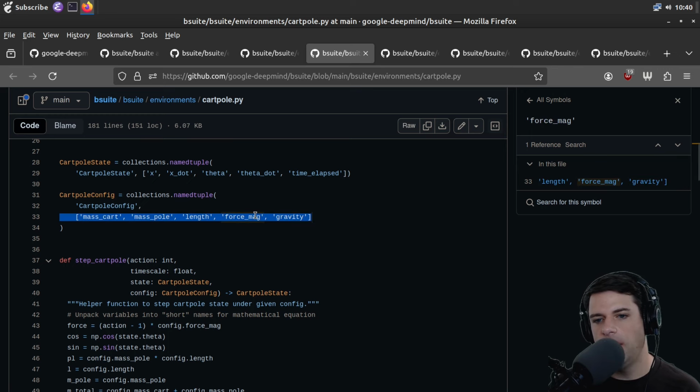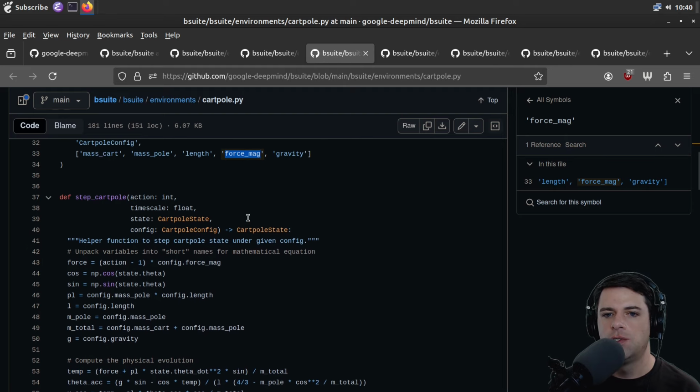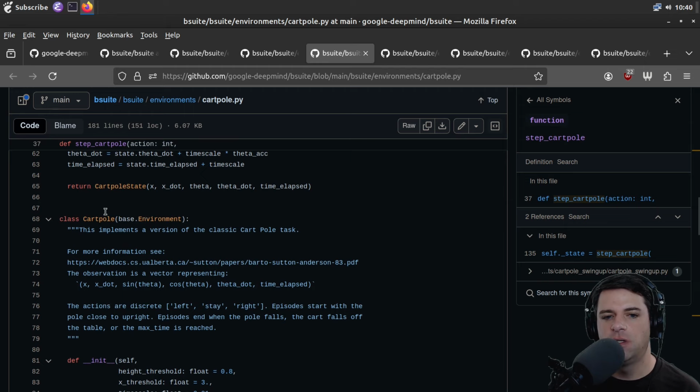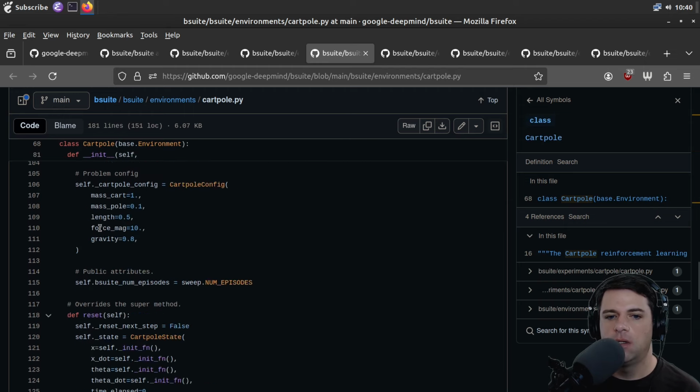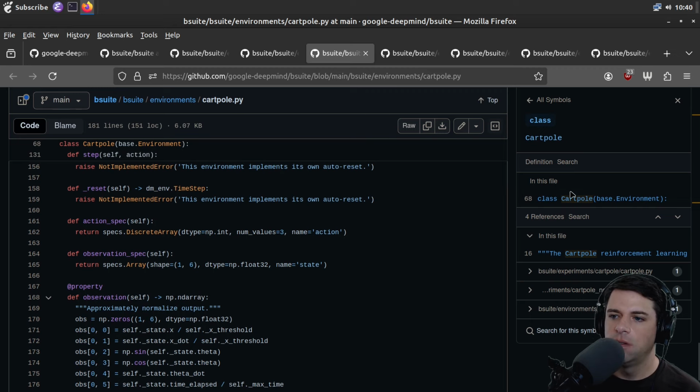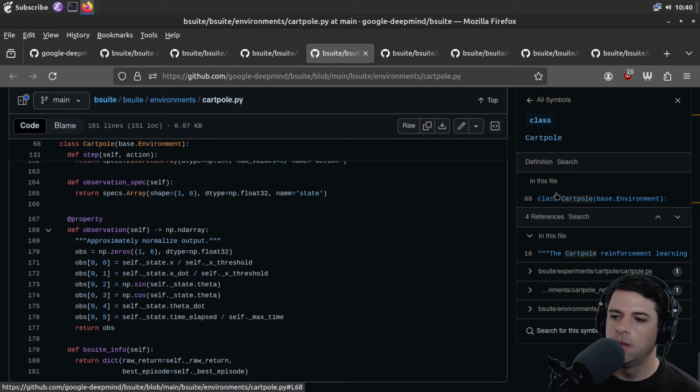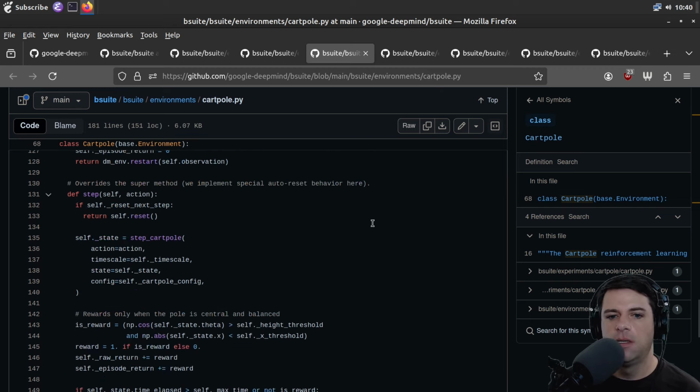What is force mag? I don't know. Something about force. And then we have a step definition, a cart pole class, and what else do we have at the top level? That's it.